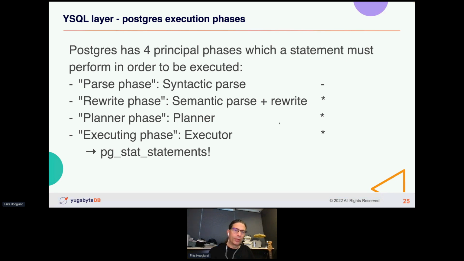Once we've got a parsed query tree, it goes to the planner to create an execution plan. In the planner phase, it needs to investigate metadata about these tables, because the planner in Postgres is quite heavily cost-based, and these costs are stored in the catalog.